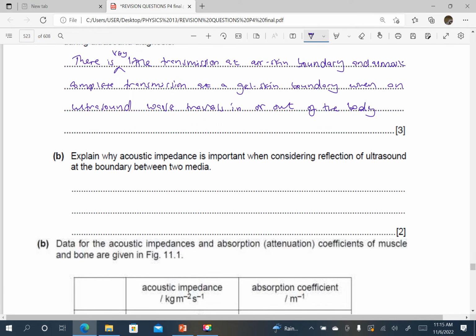Explain why acoustic impedance is important when considering reflection of ultrasound. Of course, we are always finding the intensity reflection coefficient from the difference in the acoustic impedances.